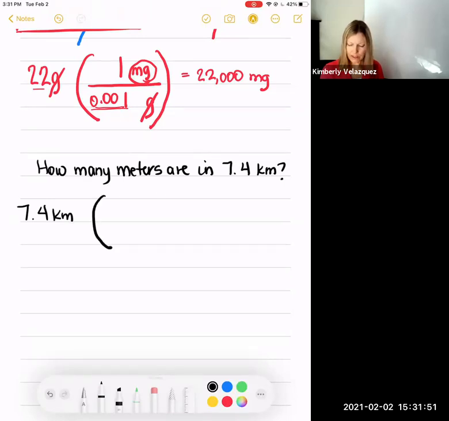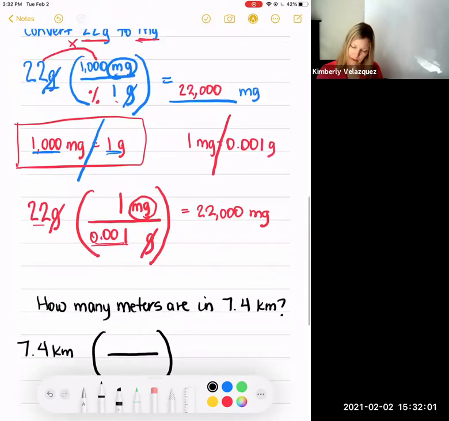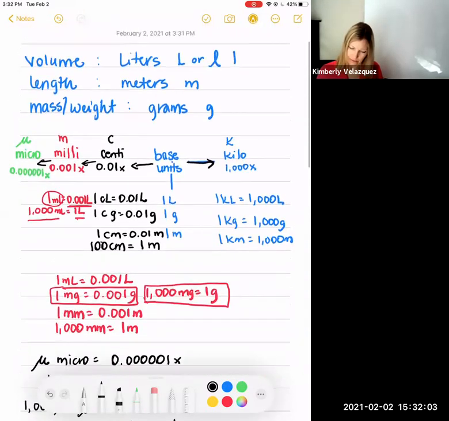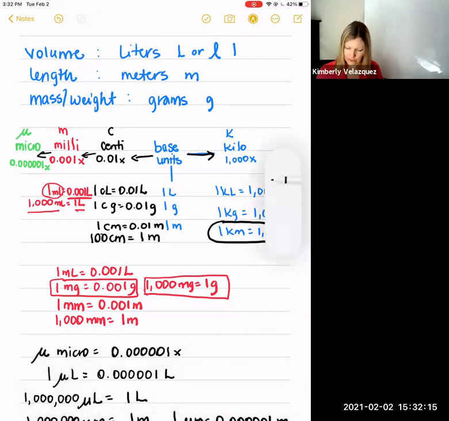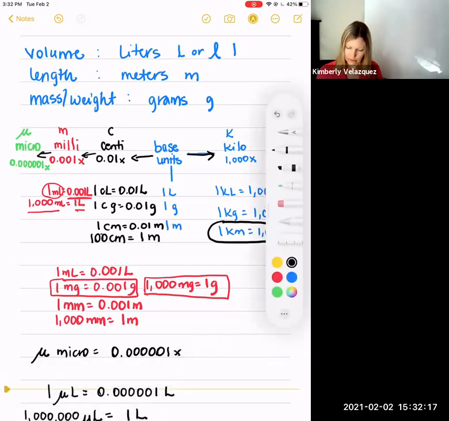I'm going to multiply by a fraction that converts kilometers to meters. And I can go back to my kilos here. And here's my kilometers. 1 kilometer equals 1,000 meters. So I'm going to write that down here.